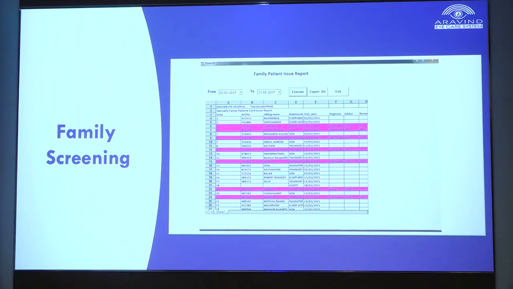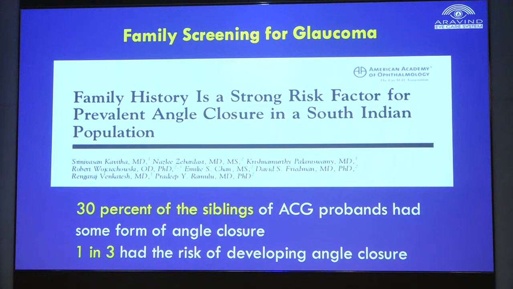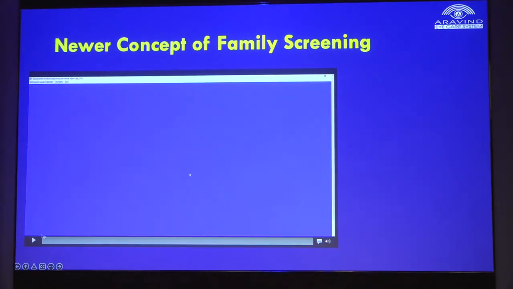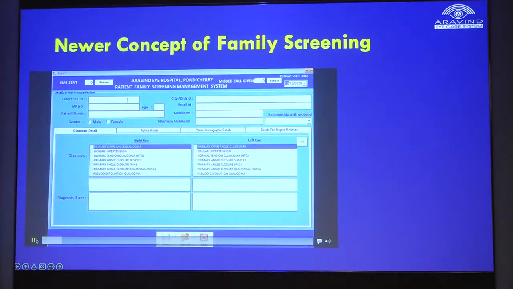So it's difficult to connect through WhatsApp. So they get a voice call that your sibling was screened, they have a doubtful glaucoma, and it will be nice for you to get your eyes tested. We worked on this, and we know the prevalence of angle closure in India and South India. So now everything is automated.